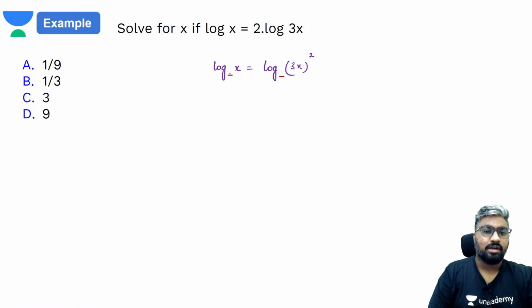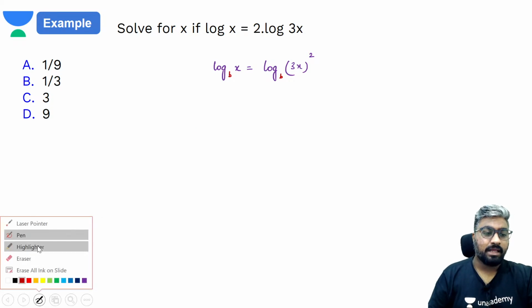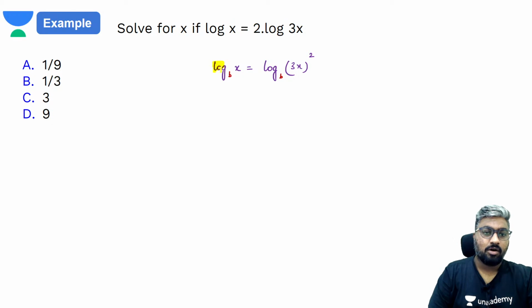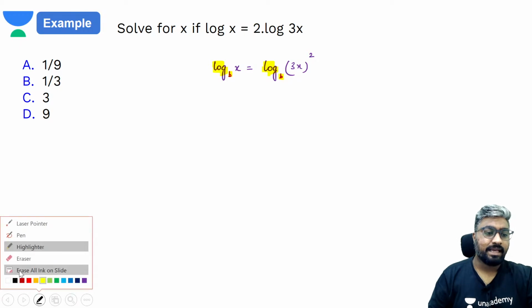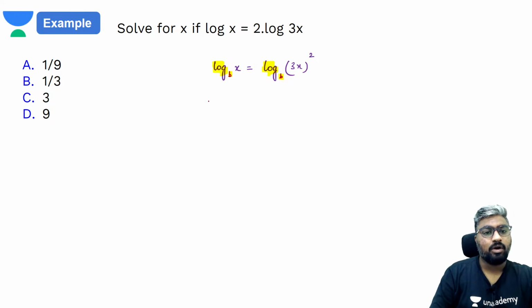Although the base is not given, you can select the base to be anything. Let's say I select the base to be some variable b. I know that there are 2 expressions in the form of logarithm of the same base. Then in that case I can remove the base by calling it what?